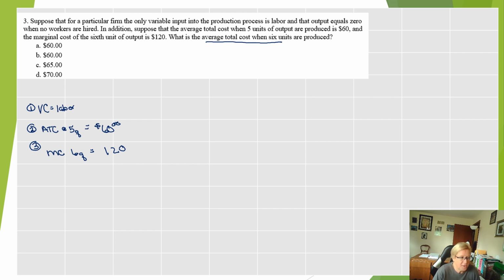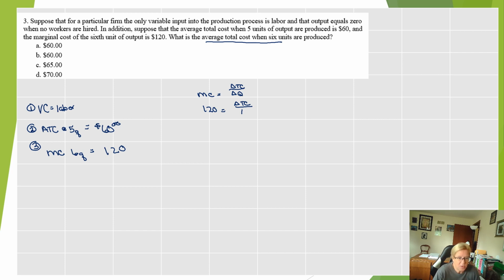So from the information that I've gathered here, I know that marginal cost is equal to the change in total cost divided by the change in quantity. So I'm going to say 120, that marginal cost, is equal to the change in total cost divided by the change in quantity, which would be going from 5 to 6 units, or 1.